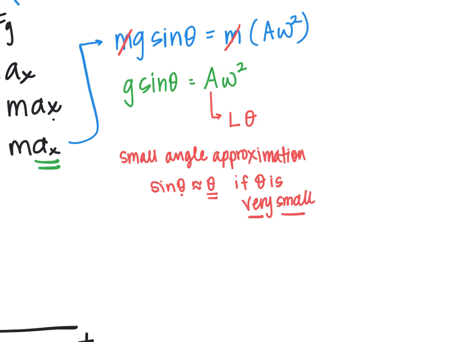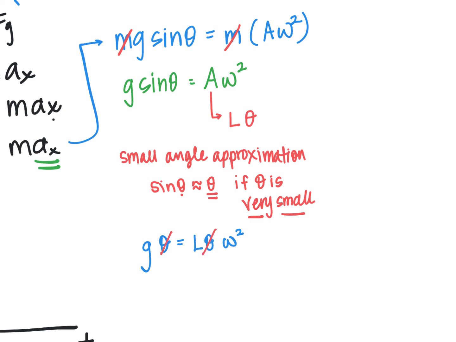So then I would have approximately g theta equals L theta times omega squared. Again, notice we can do a little bit of algebra here and divide by theta on both sides.